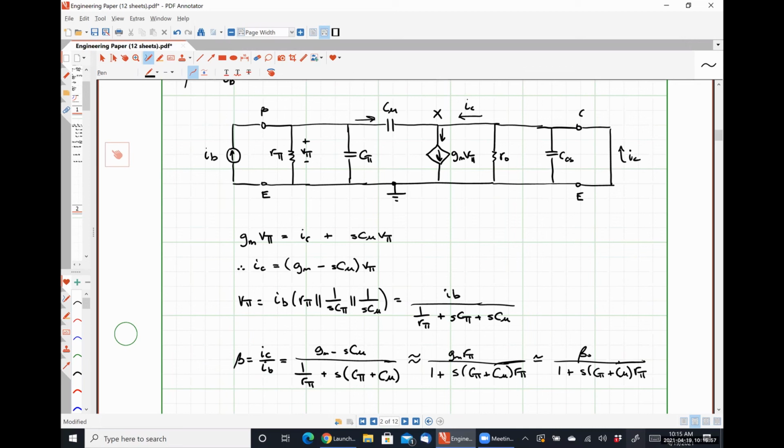Anybody this ringing any bells whatsoever? So we have something over 1 plus S times a quantity. That is the response of a low pass filter. If it were S over 1 plus S times a quantity, it would be a high pass filter.